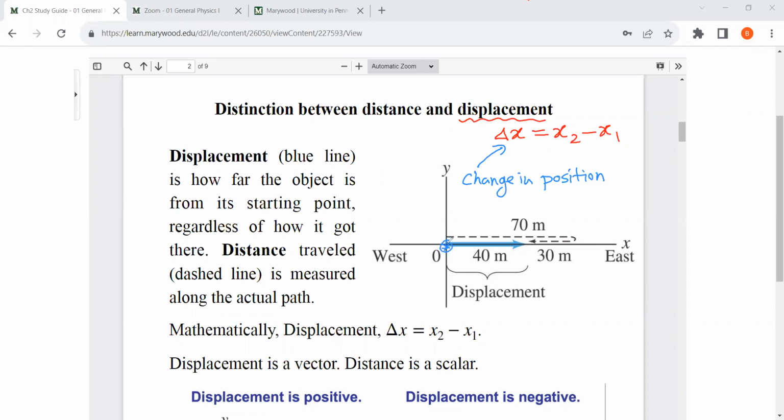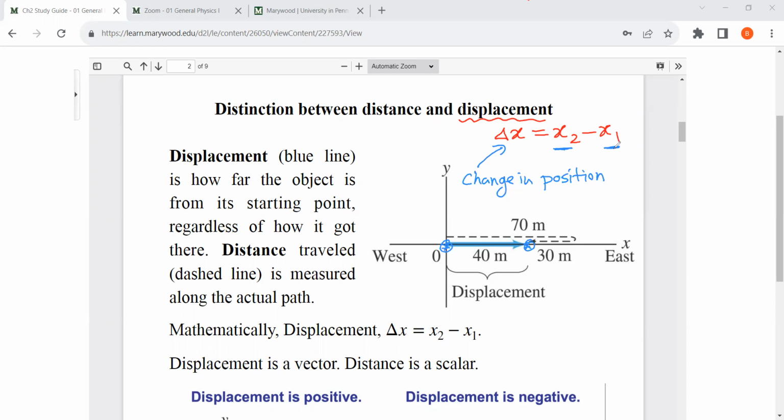So this is the person's initial position, and this is the final position. So here change in position means the final minus initial. When we talk about changing something, that is equal to the final quantity minus initial quantity. Whenever we have delta some quantity, remember that it is equal to final quantity minus initial quantity.